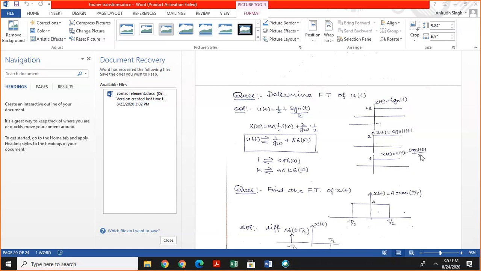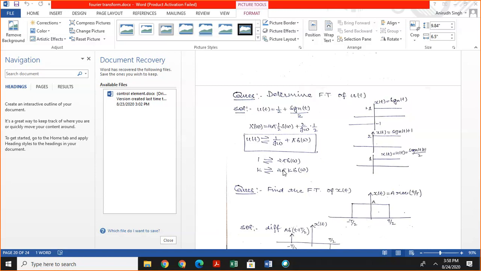We write this u of t in terms of signum t. So u of t is equal to half plus signum t divided by 2, and if we take the Fourier transform of both sides, we know that the Fourier transform of u of t is written as X of omega.